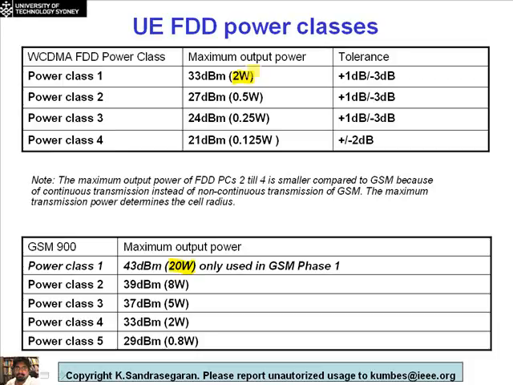Power is very important in wideband CDMA, and we have to make sure that users transmit at the minimum possible power, because whatever you transmit in UMTS is interference for all the other users. So you can see that the power levels you're dealing with in wideband CDMA are much smaller than those used in GSM.